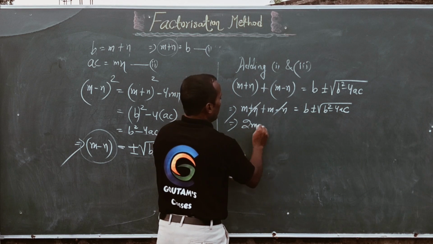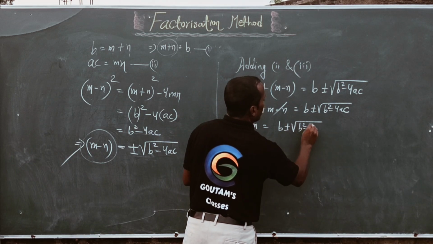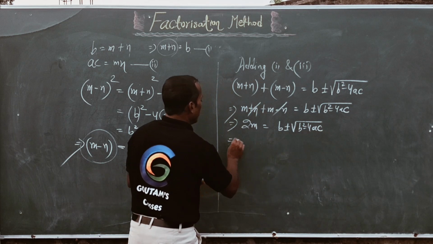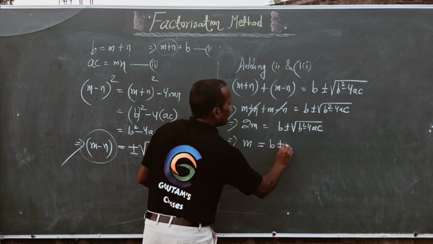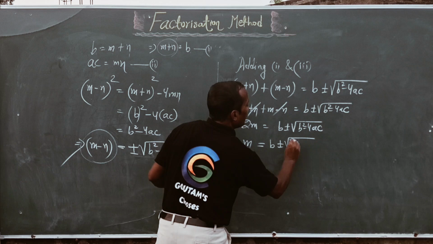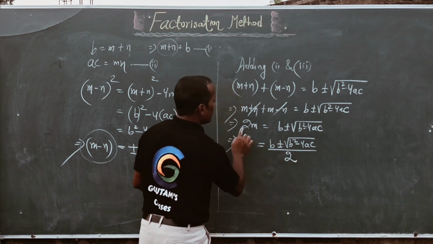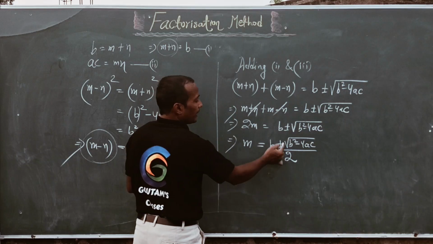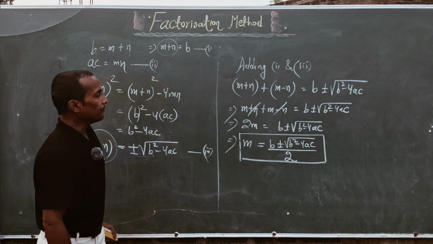I am having 2M is equal to B plus minus root of B square minus 4AC. Now M equals B plus minus root of B square minus 4AC, divided by 2. 2 goes to the other side and divides the RHS. So we found the value of M.